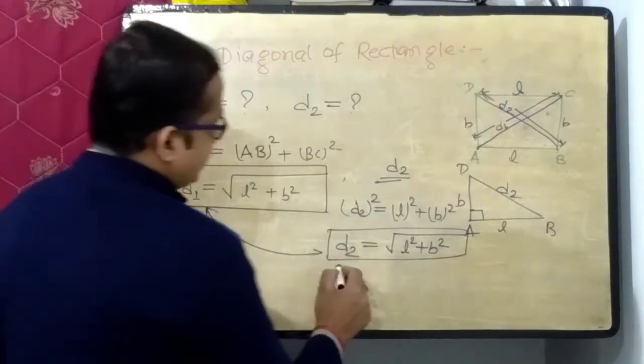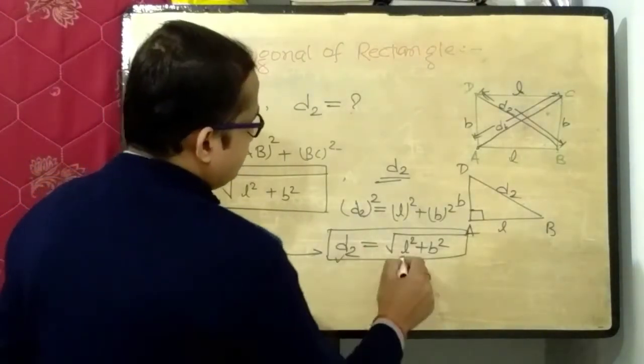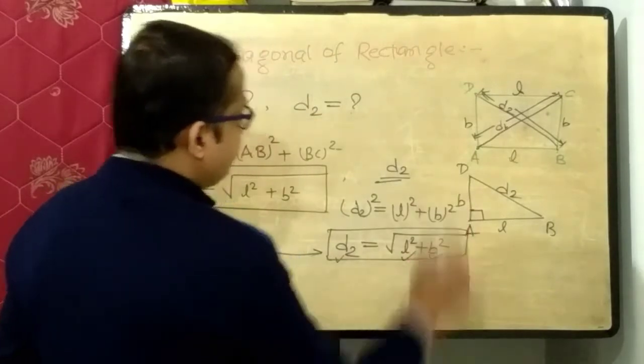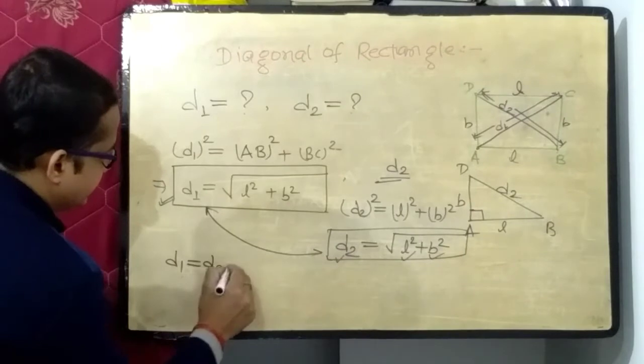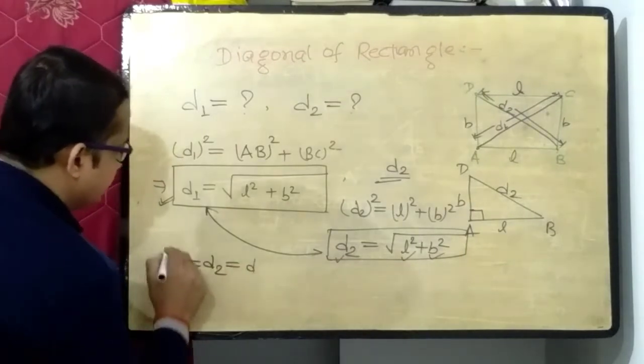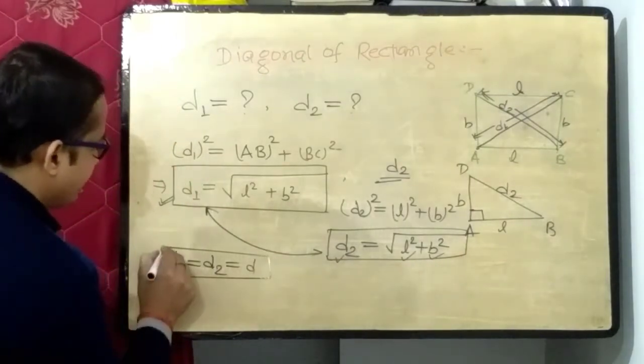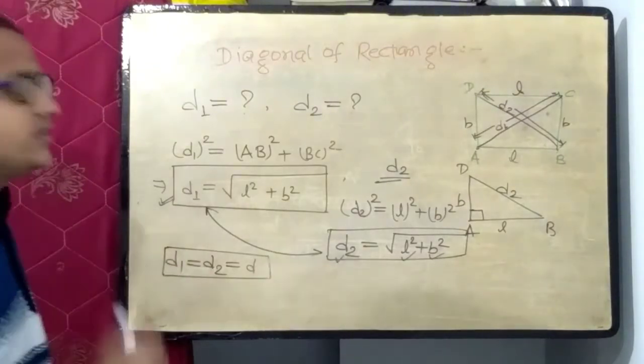Suppose out of these three variables D, L and B, where D1 equals D2 equals D, because both diagonals are equal.